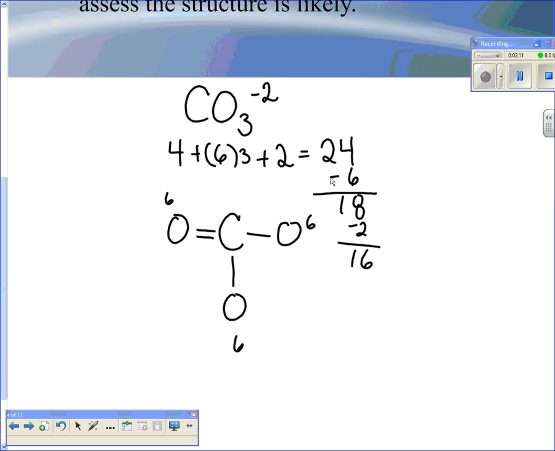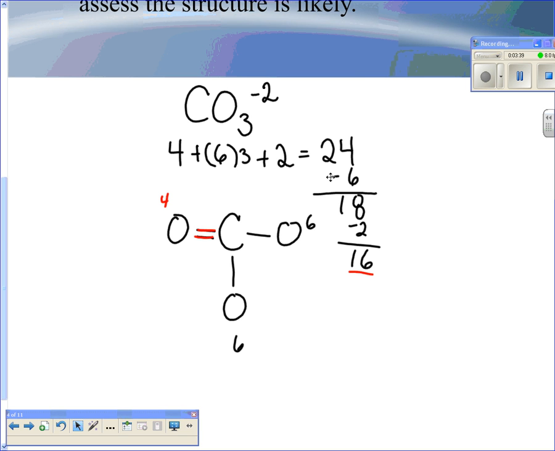Well, I have a total of 4 bonds, so I'm fine on that. I have a total of 8 electrons. But then this oxygen over here now has 2 bonds, so 2, 4. I just need 4 more electrons. Just checking my math here, I now need 16, and I have 16. So I'm good to go.